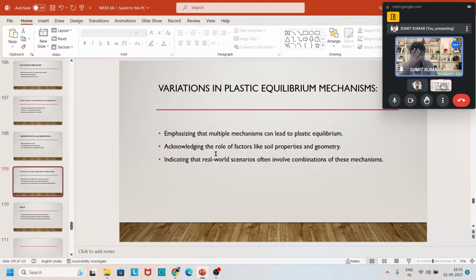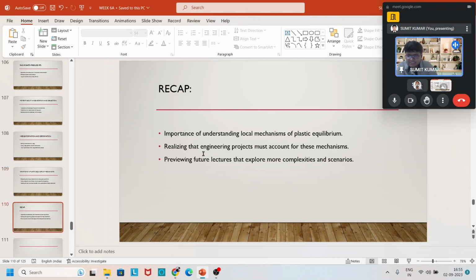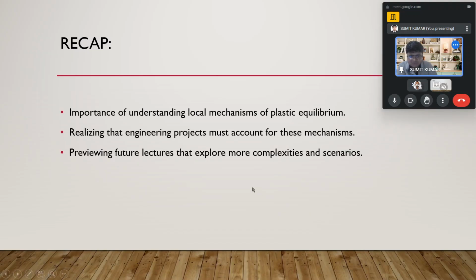Now I will recap this section, and afterward I will solve at least three problems. I need at least 5 to 7 minutes for those problems, so I will move on after this.